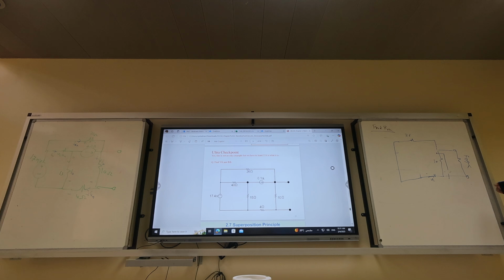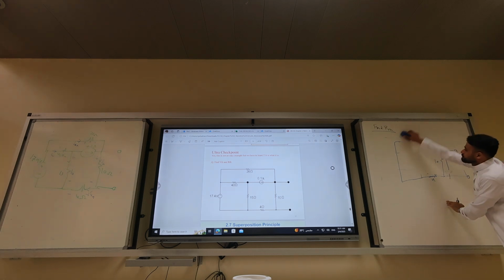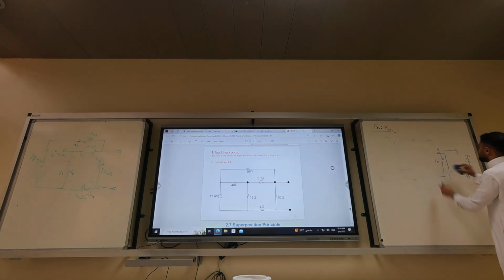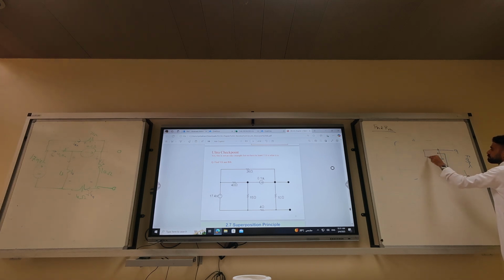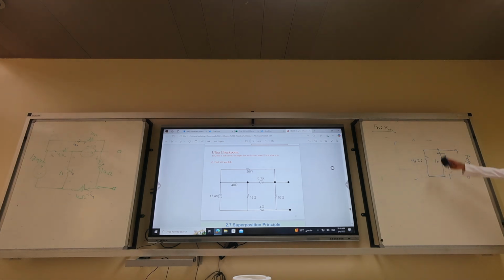By assigning the Thevenin terminals, you're seeing the 10 in parallel with 4 and 26. Can I redraw it this way? 4 plus 26, so 10 parallel with 30.